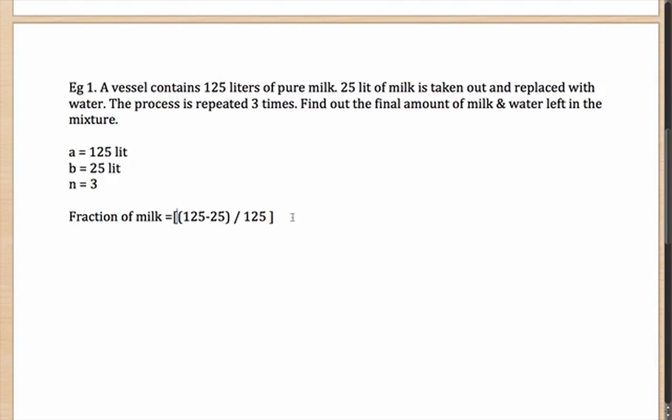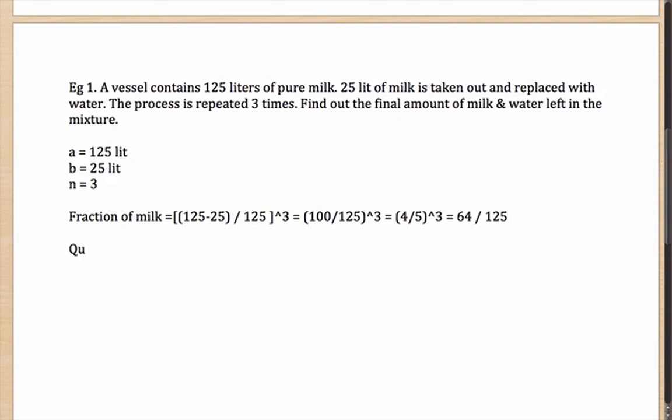So how much does this give you? Well, 125 minus 25 is 100. In the denominator you have 125, so it is 4 by 5 whole cube. So this is the fraction of the milk which is remaining, which comes out as 64 by 125.